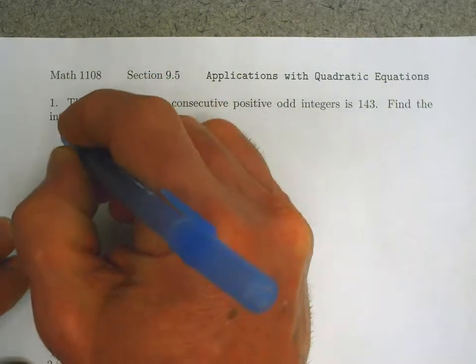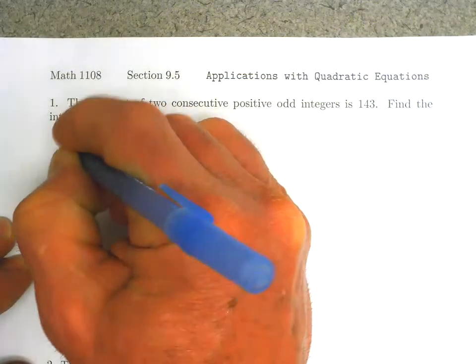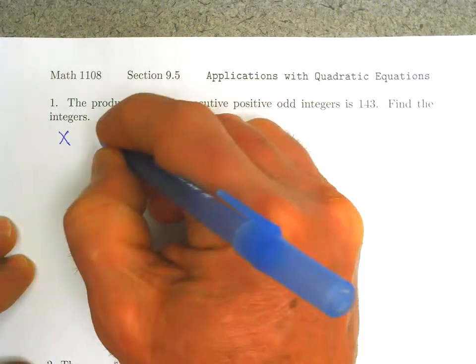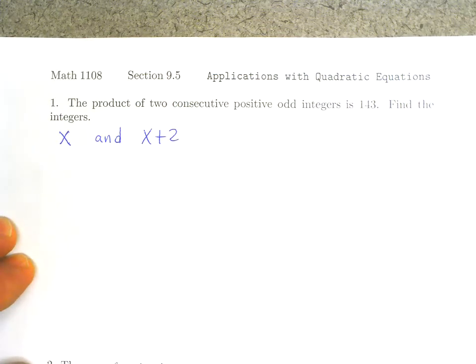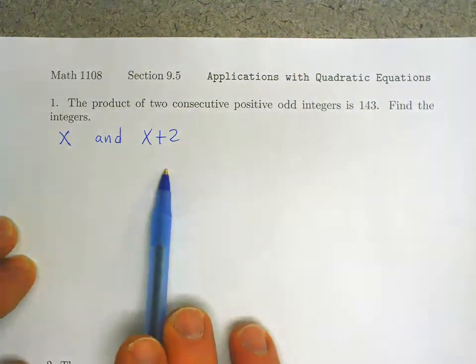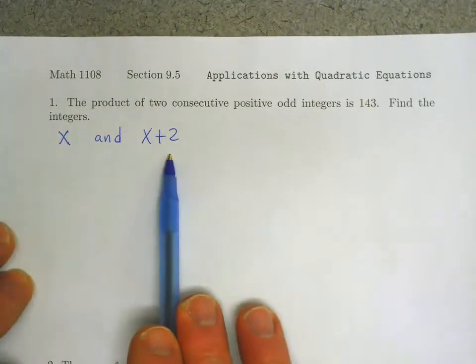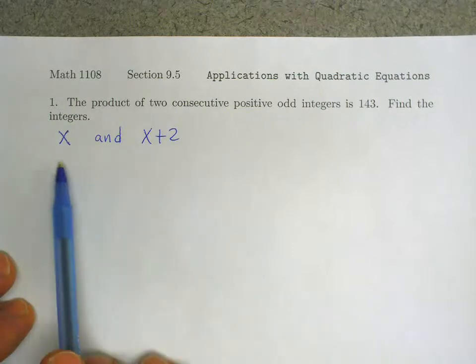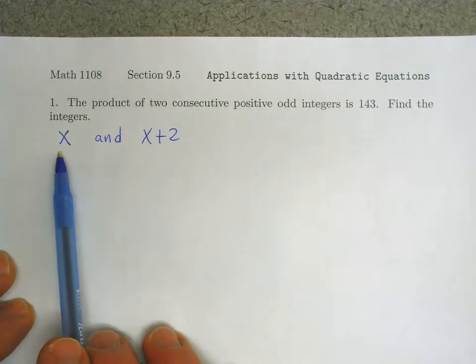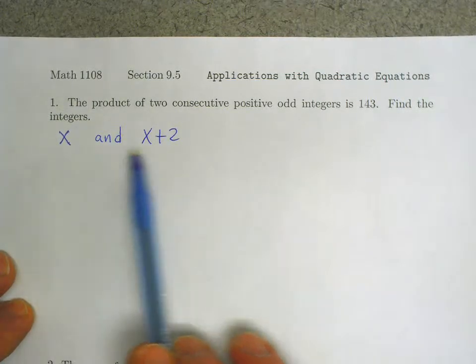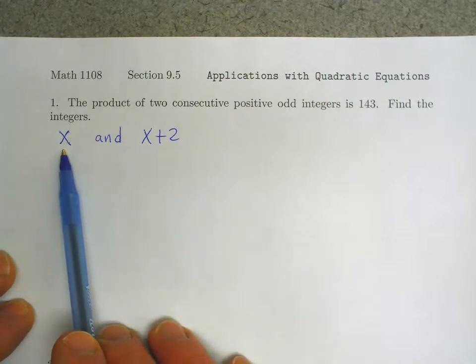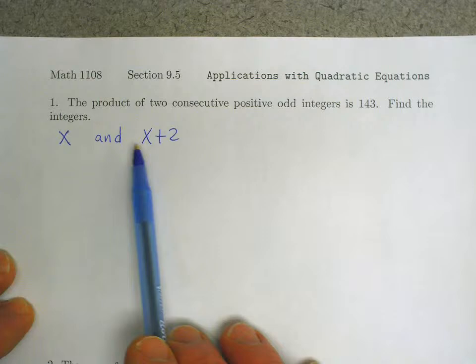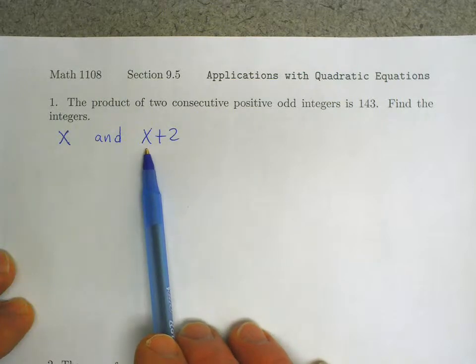So we can pick x to be one of those and x plus 2 to be the other integer. They differ by 2. And this is what I was referring to earlier. We're trying to find two quantities, but we're using the same variable. X is one of the integers, and then the next odd integer after that is x plus 2.